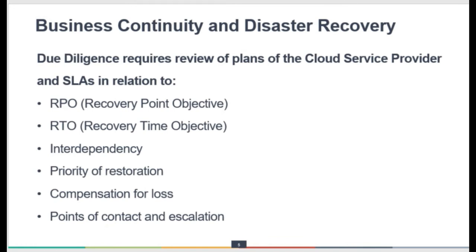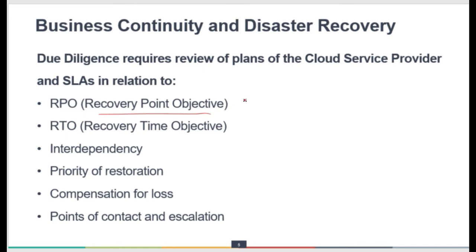We have due diligence that is required to review the plan of the cloud service provider and SLAs in relation to these points. RPO is the recovery point objective. For example, if something goes wrong, we need to decide what recovery point objective should be okay to the business.